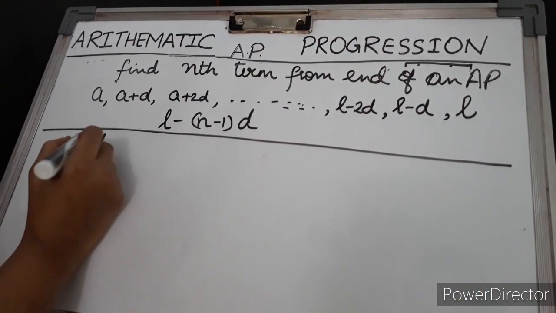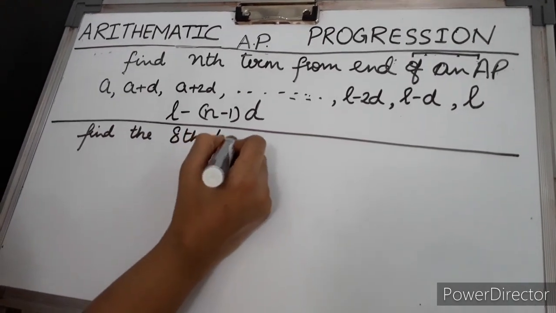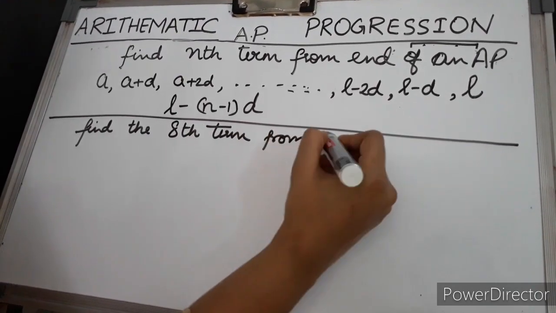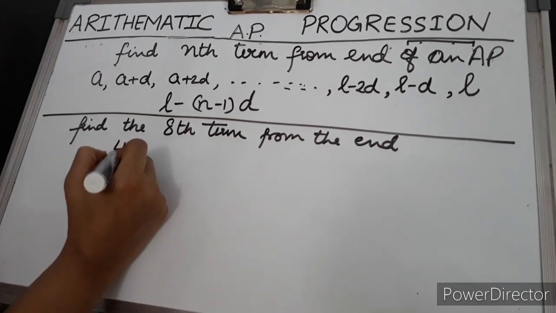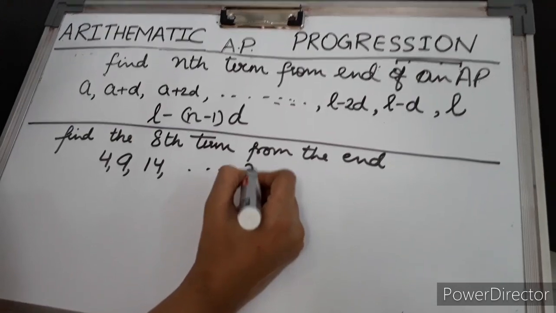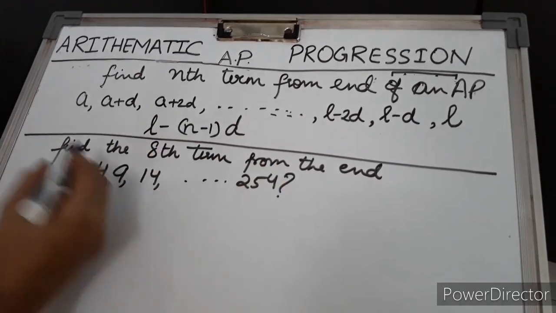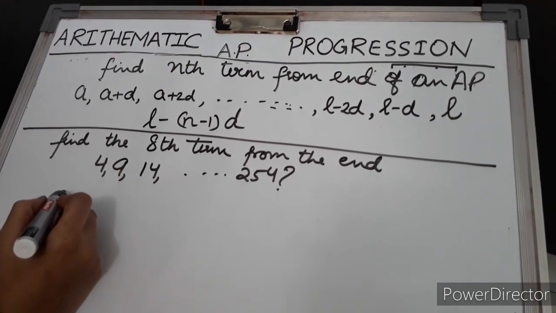Find the 8th term from the end of the series 4, 9, 14 up to 254. Suppose this is the question. We have to find the 8th term from the end of the AP, so we just put the values in the formula.